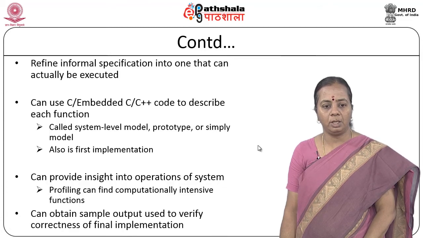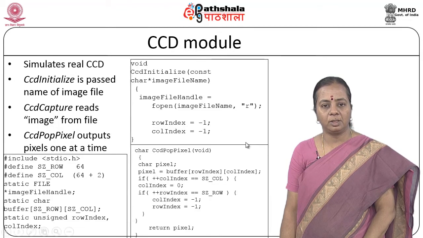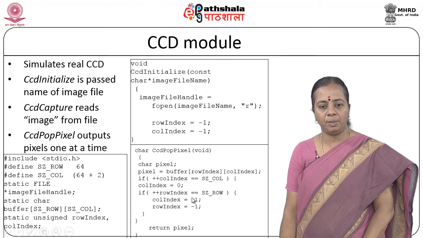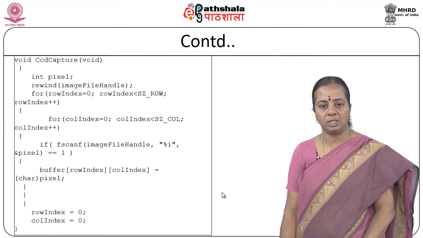This is a sample code for the simulation of the CCD. It tells you the rows and columns. If it is 6 rows and 6 columns, then each and every pixel will be simulated, just like a real CCD.